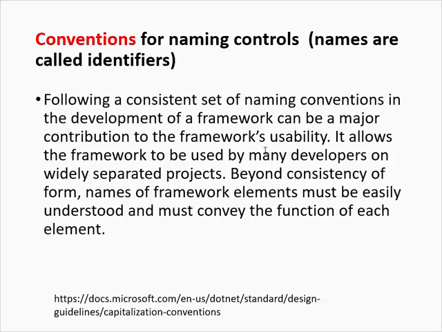So first of all, you have to obey the rules, but then we have some consistent naming conventions that make the code more usable. If everybody's consistent, like you know that something started with Pascal casing or camel casing, it makes it easier for somebody else to work with your code.